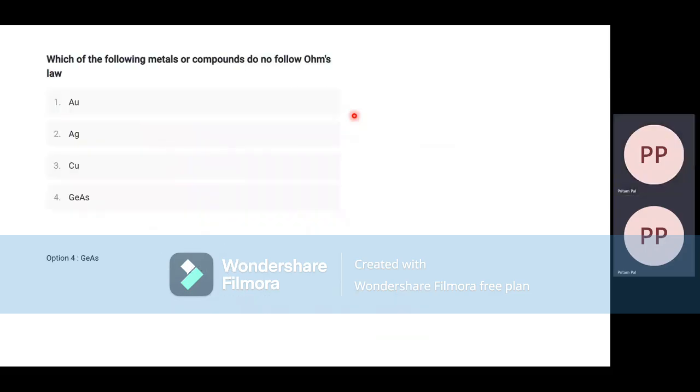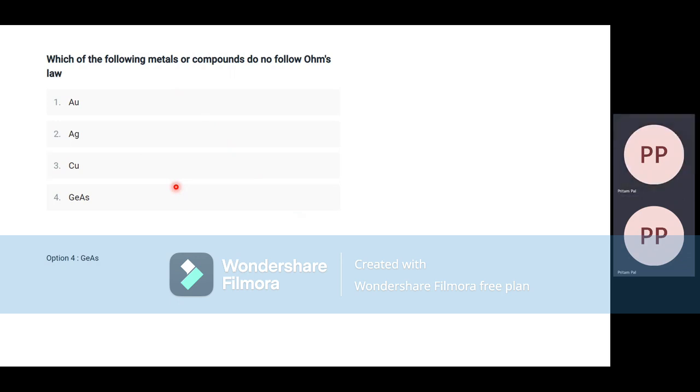Next: which of the following metals or compounds do not follow Ohm's law? It's simply germanium arsenide. Why? Because gold, silver, and copper are all metals. For metals, we can easily apply Ohm's law; they have a linear IV relationship.